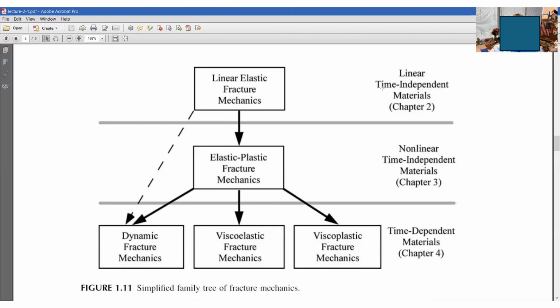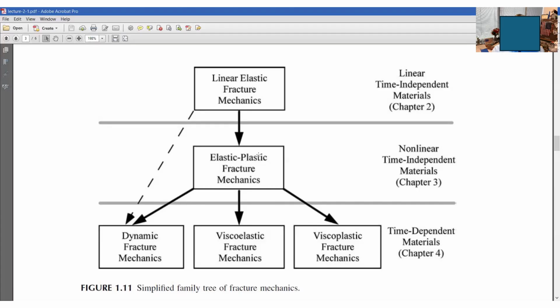You should know that this is for linear materials, and the material is time independent, right? The second topic is elastic plastic fracture mechanics, which corresponds to chapter 3. For this one, we will not just take care of the elastic deformation, we also take care of the plastic deformation.